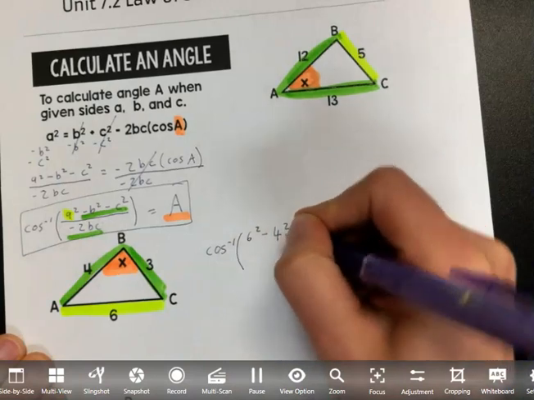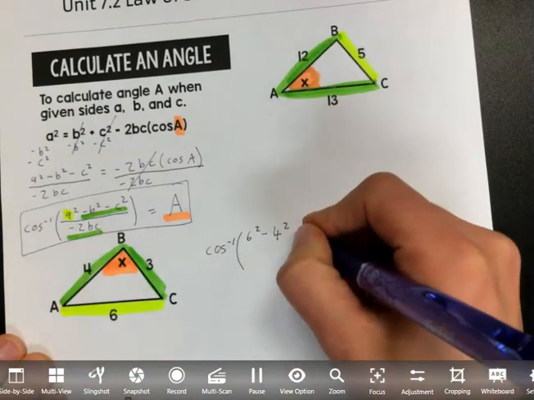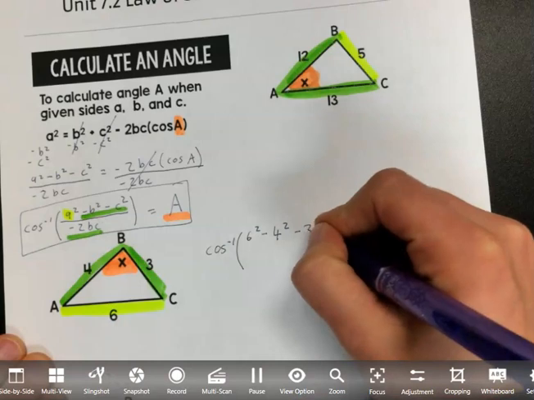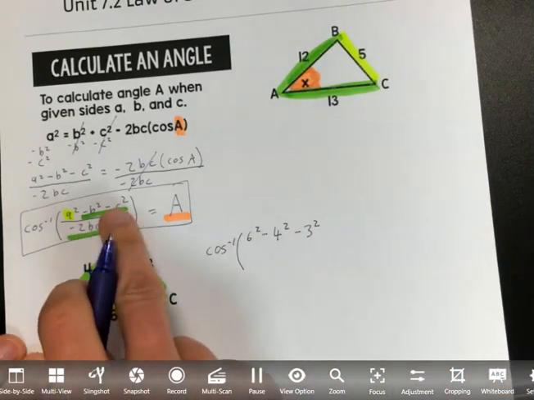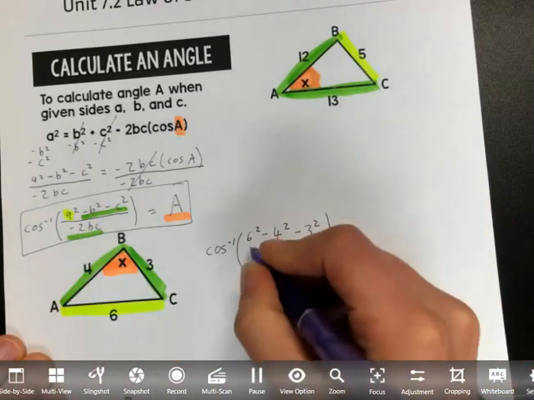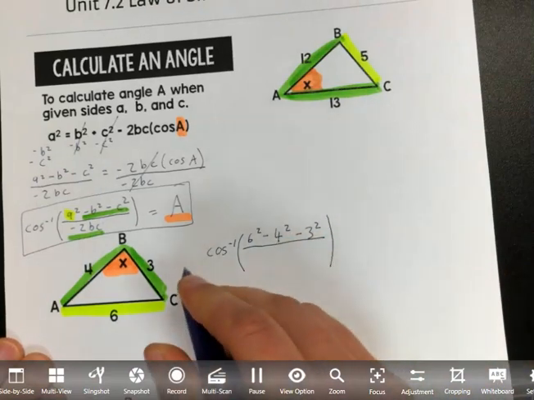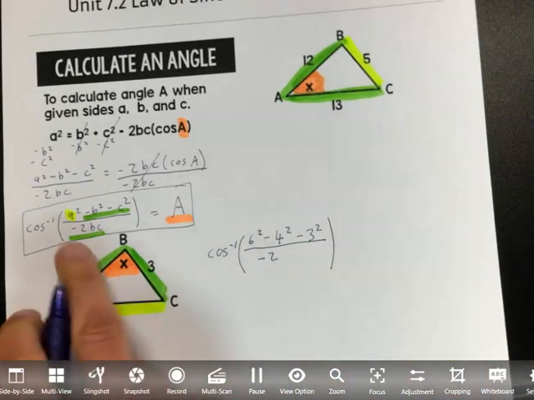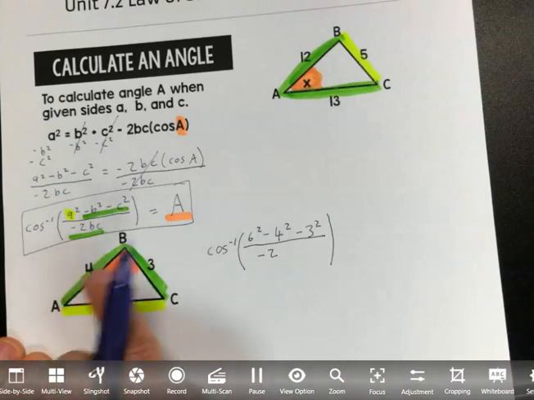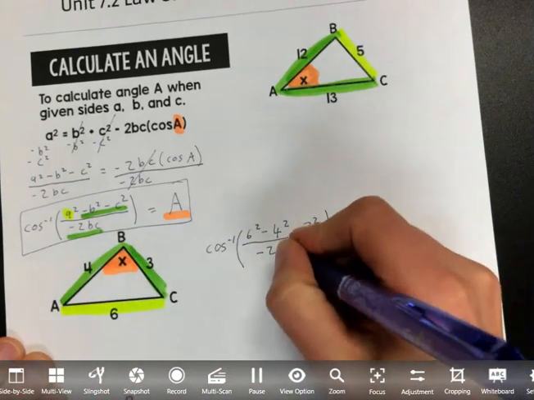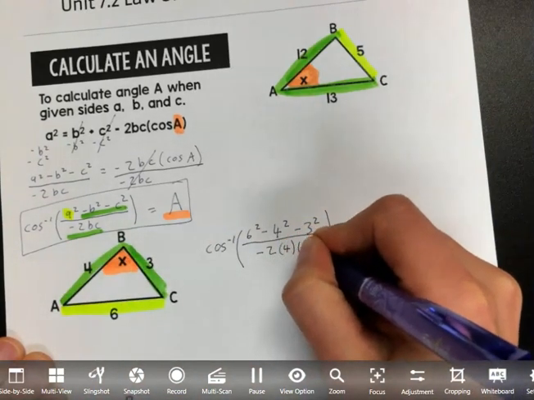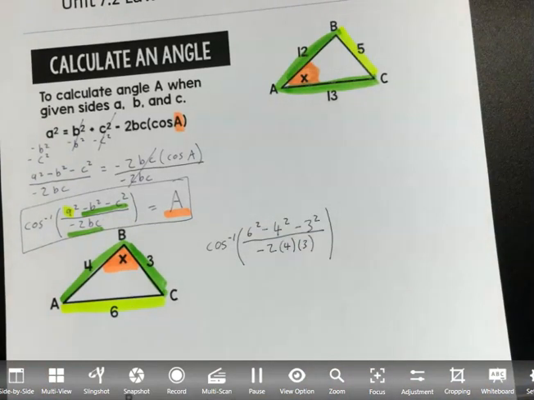So 4 squared it is. It doesn't matter which one you go with first. Next green side squared, 3 squared. See, I'm just plugging it into the formula. Over negative 2, we always have a negative 2, and my 2 green pieces. So 4 and 3.